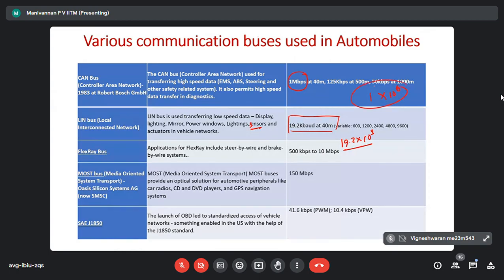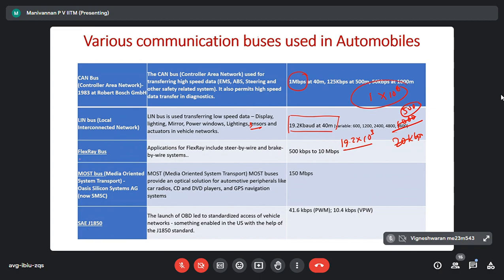Compared to this, it is 50 times less. You can take around 20 kilobits per second, which is 1000. So the LIN bus is 500 times slower compared to the CAN bus, but sufficient, because door open and all the sensing doesn't need high speed.